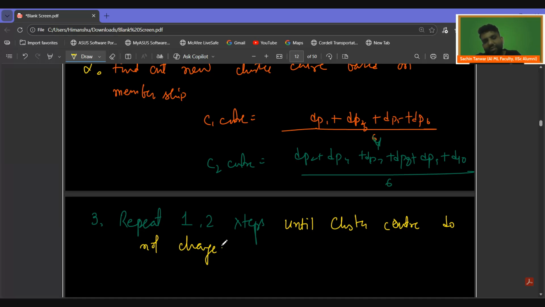So if that converges, the algorithm ends, and we have the final cluster center for each of the clusters. If it was 2 means, 3 means, or 5 means, we'll have all the cluster centers for that many clusters.